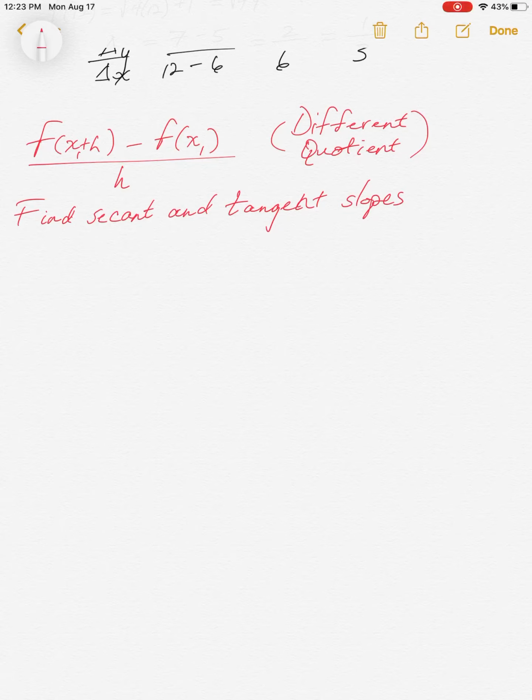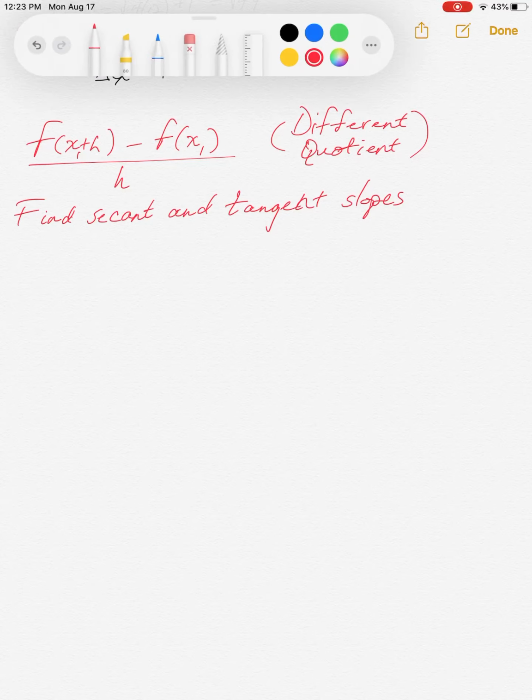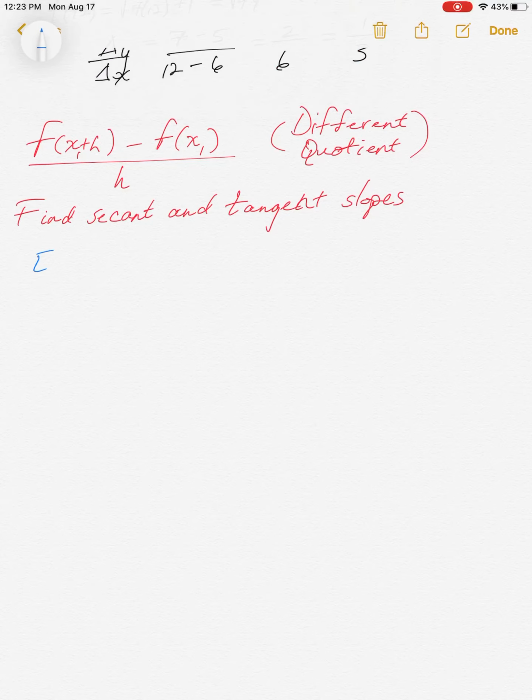Let's do something like, example. Let's say we have f of x equals x squared plus 2.